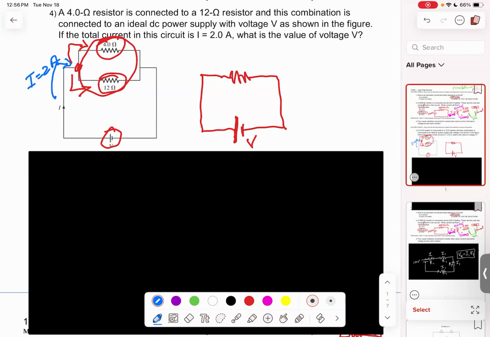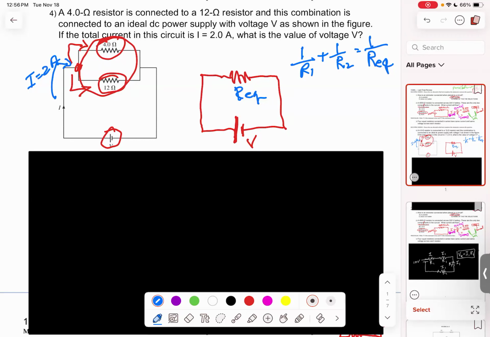So when we have resistors in parallel, we use the equation 1 over R1 plus 1 over R2 is equal to 1 over the equivalent resistor. So we're condensing these two resistors so that they look like REQ.